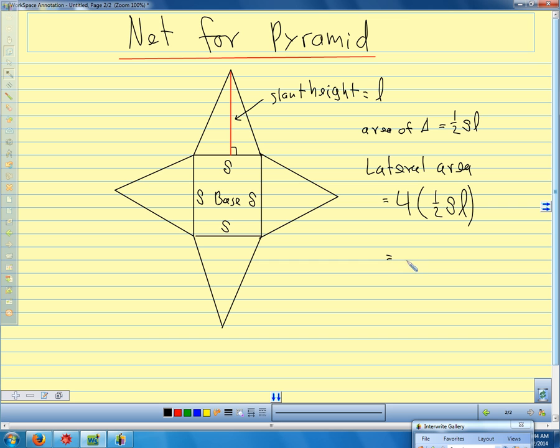So I could write this as 1/2, and I'm going to put the L first, 4 times S is the perimeter. So the lateral area is 1/2 the slant height times the perimeter of the base.